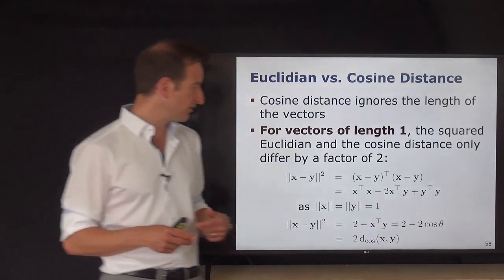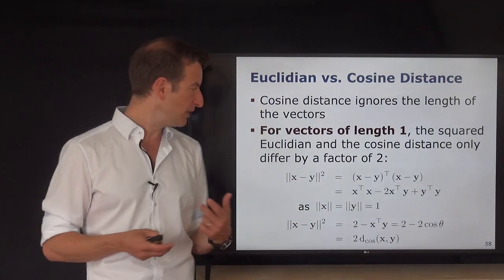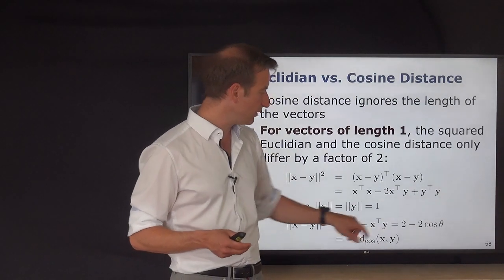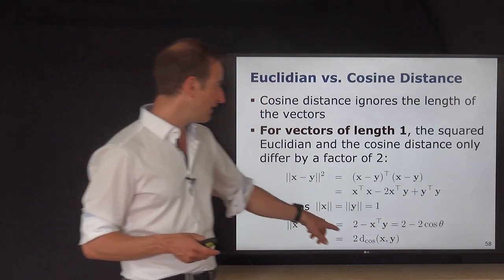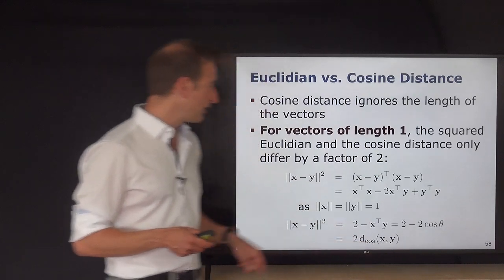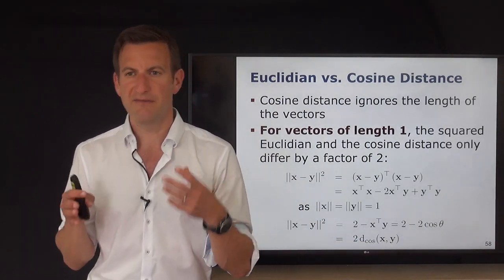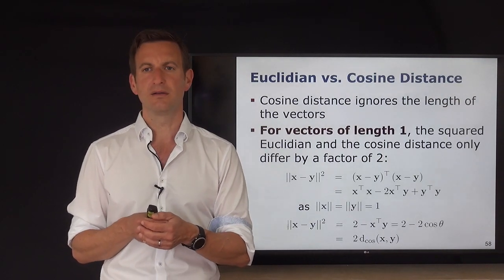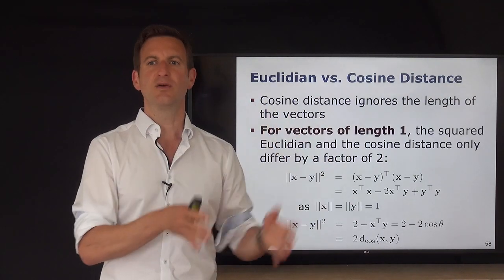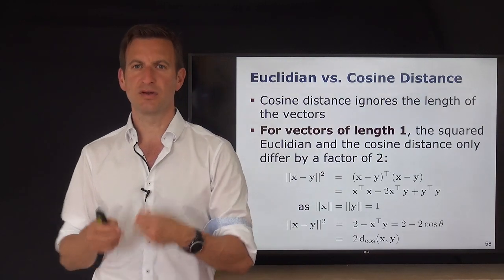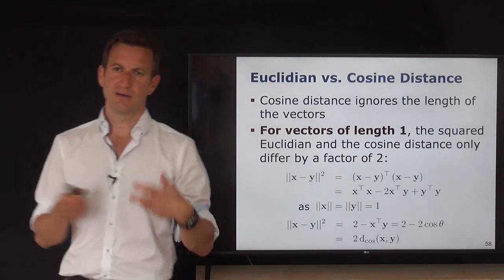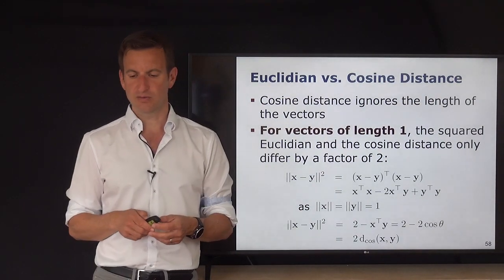So I will have 2 times the cosine distance. That means if the vectors are normalized to 1, the squared Euclidean distance is equal to 2 times the cosine distance. So there's actually a relationship between the Euclidean distance and cosine distance.